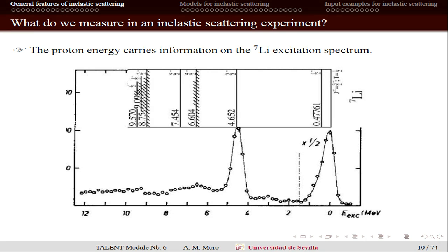So we see that in these continuum levels, there are some lines that some of you will recognize immediately as, what are these? Resonances, okay? But then we see some region without any particular structure. So, well, this is everything we can say so far from this.